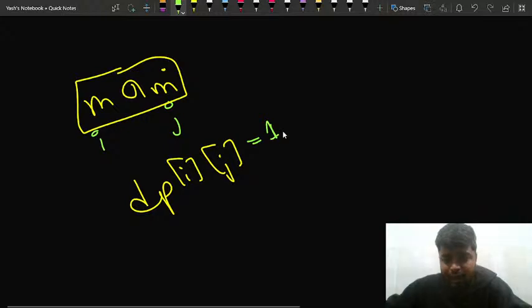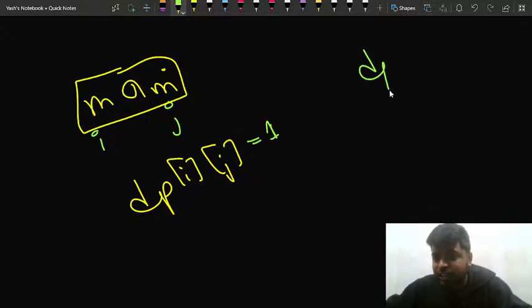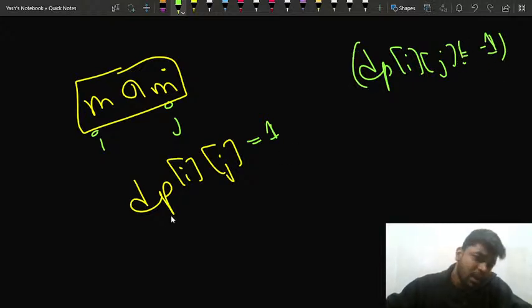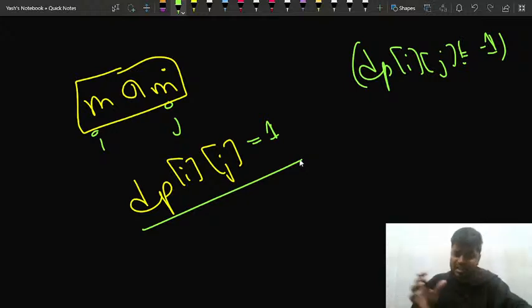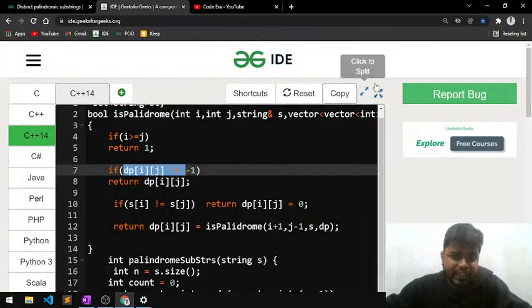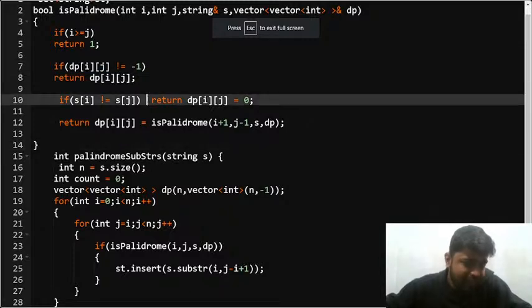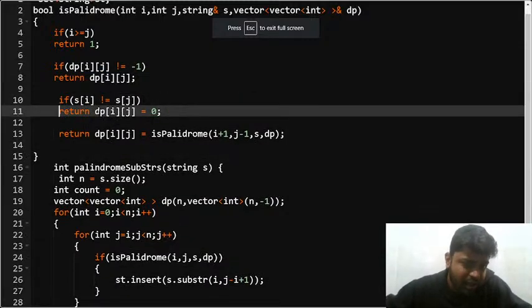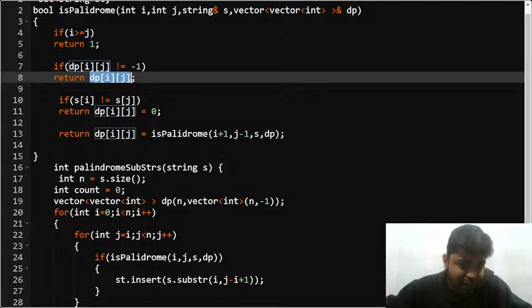So the current DP of ij will not be equal to -1, because initially I made it -1. If a particular substring starting from I and ending at j is already calculated, it would not be equal to -1, and since I have already calculated it, I can directly return DP of ij.